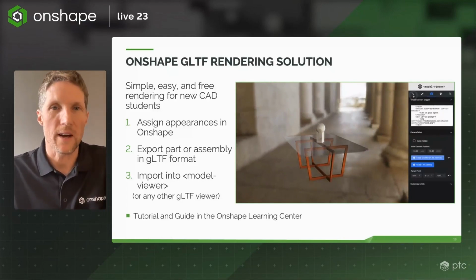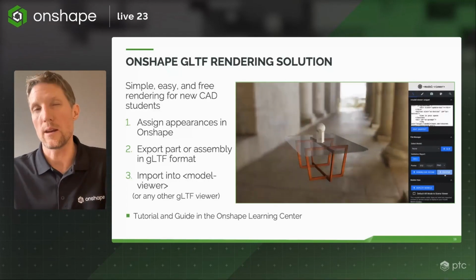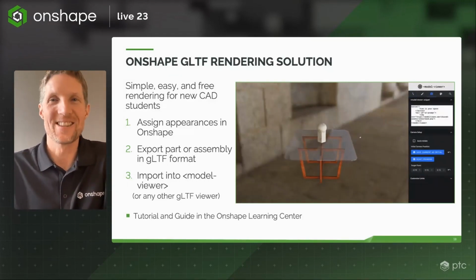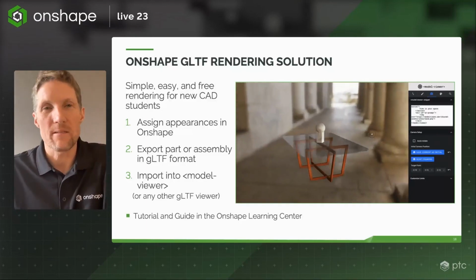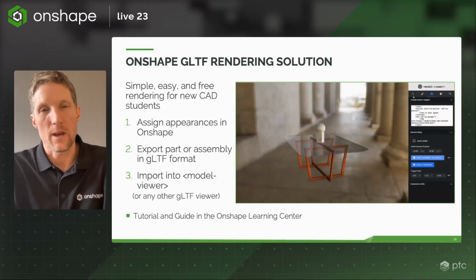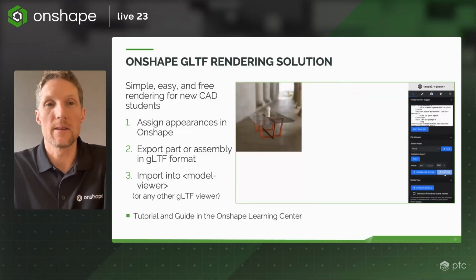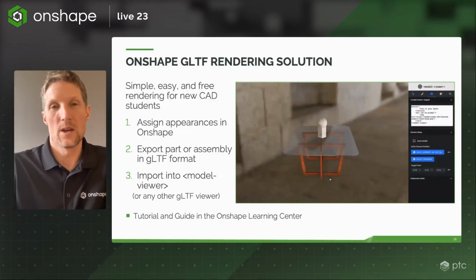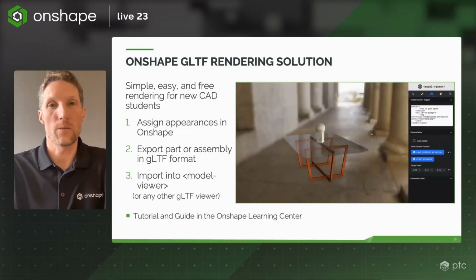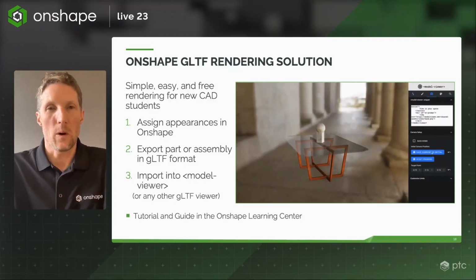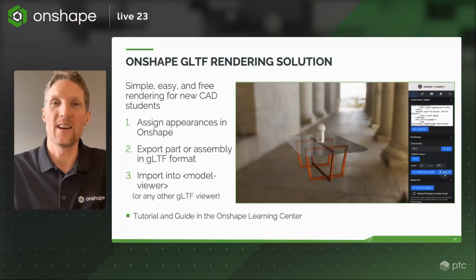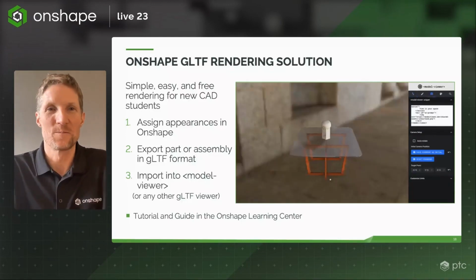The GLTF file can then be imported into any number of free GLTF viewers, many of which allow basic rendering functions such as lighting control, color, texture mapping, and inclusion of high dynamic range backgrounds. So we've also created a tutorial walkthrough to help users try this solution themselves, and Juana will paste a link to that tutorial in the chat. We hope that you'll give it a try and let us know how it goes.